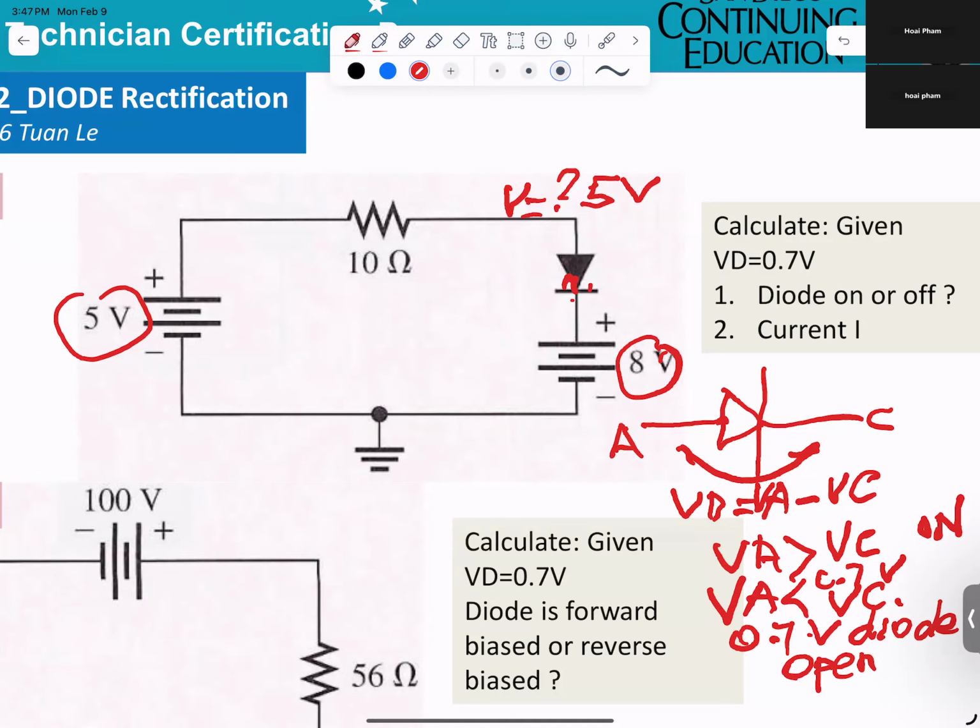Okay? So you get a 5 volt here. You get 8 volt here. The question is, diode on or diode off?